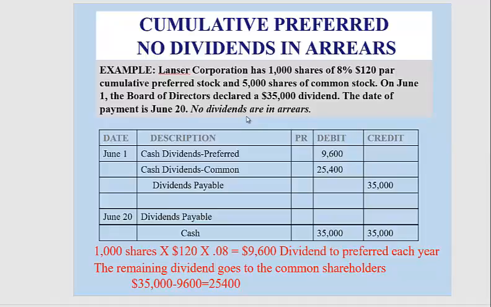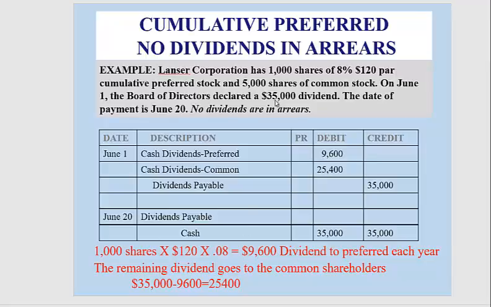So now let's calculate the amount of the preferred dividend. We have 1,000 preferred shares at $120 par at 8%. So we will multiply all those figures together to get our dividend. 1,000 shares at $120 at 8% will give us $9,600 as our preferred dividend.